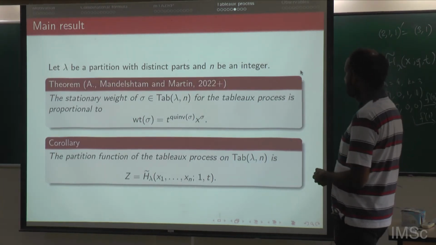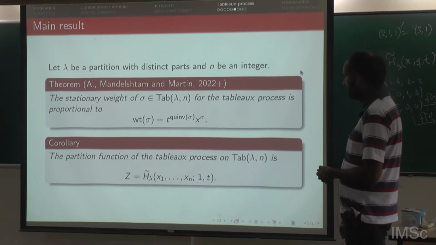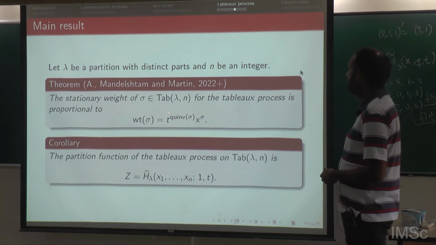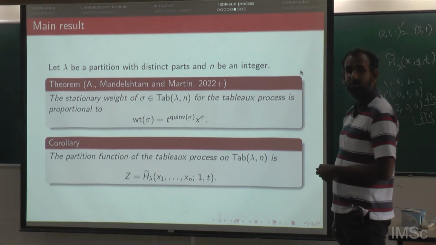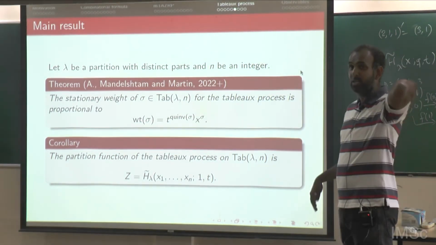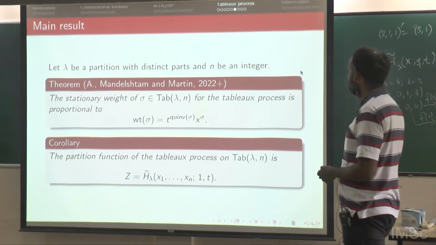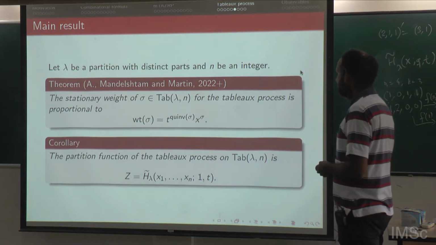So our first theorem is that the stationary weight of any tableau in this process is t to the quinv of sigma times x to the sigma. So we don't have the maj. Remember, q is 1, so we only have the quinv. And somehow all of this is encapsulated here.